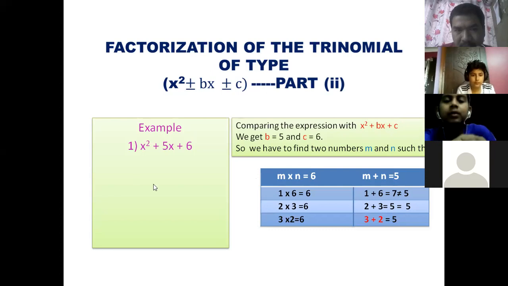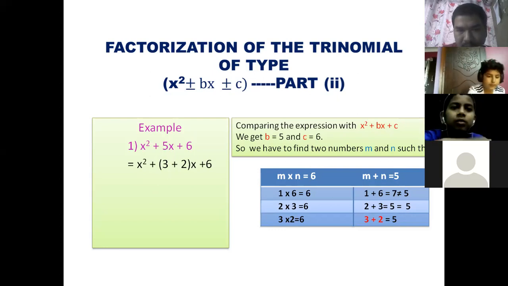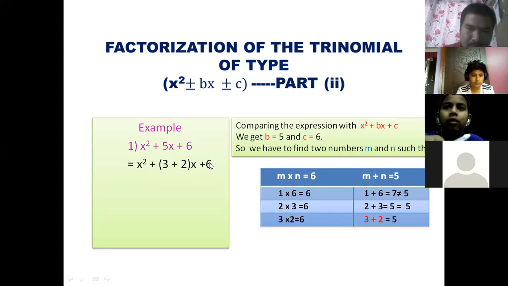Okay, sir. Then now look, as I told you, in place of 5, what should we write? 3 plus 2. And in place of 6, we can write 3 into 2, or you can write 3x plus 2x also.